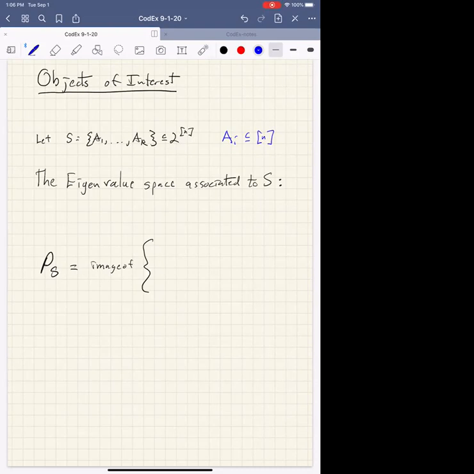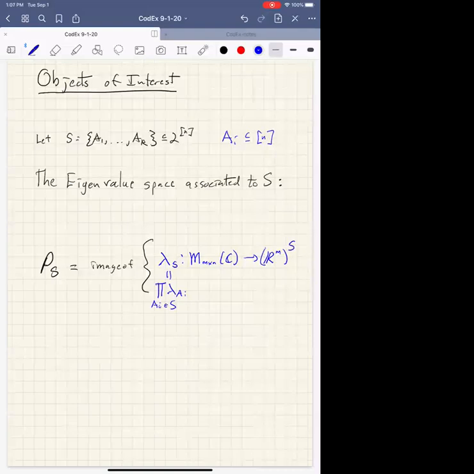From such a selection, we can make a map, which I'll call lambda sub S, from the m by n matrices to R^m to the number of things in S. This map is just the product map of these spectrum maps over each element in S. So we're picking a set of sets, and for each set in our selection we have a spectrum map, and we're interested in studying the image of the product of these spectrum maps applied to the m by n matrices.